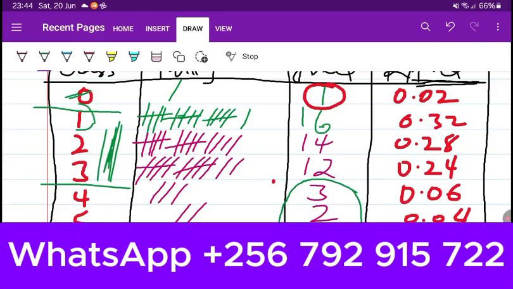So the persons who had maybe one TV were 16. Those who had 2 television sets were 14. And those who had maybe 3 television sets were 12.